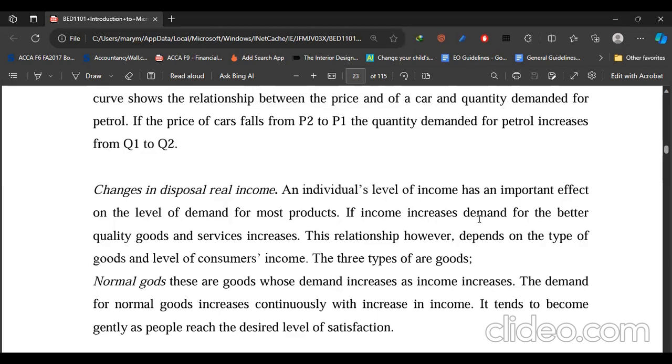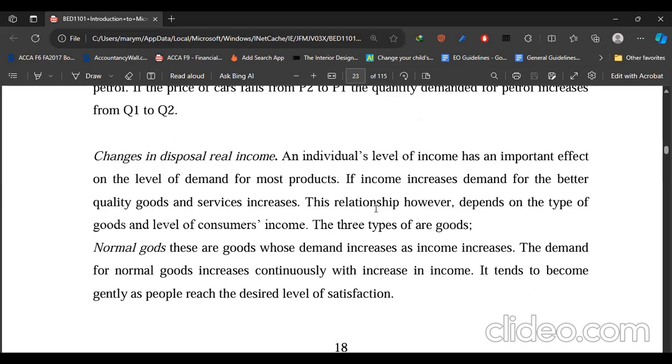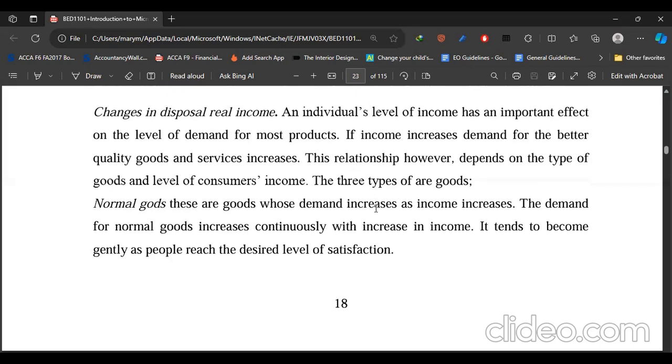So, the changes in the disposable real income. Before we log out and come again, an individual's level of income has an important effect on the level of demand for most products. If income increases, demand for better quality goods and services increases. The relationship, however, depends on the type of goods and levels of consumers' income.